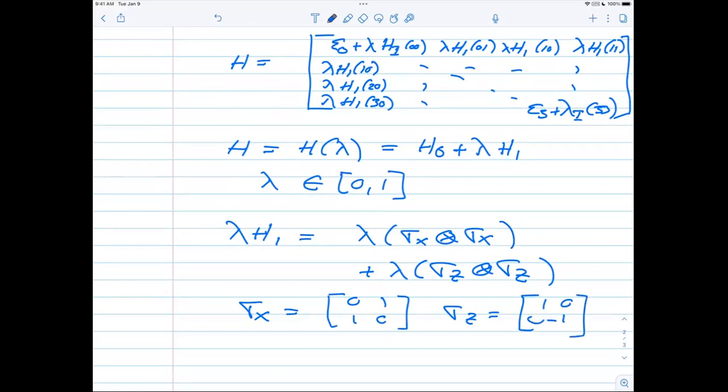So that's going to define my Hamiltonian matrix. This is just a simple model which I'm making up.